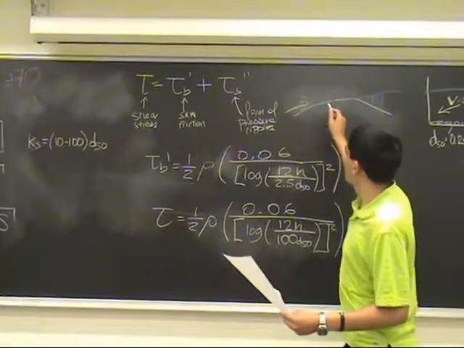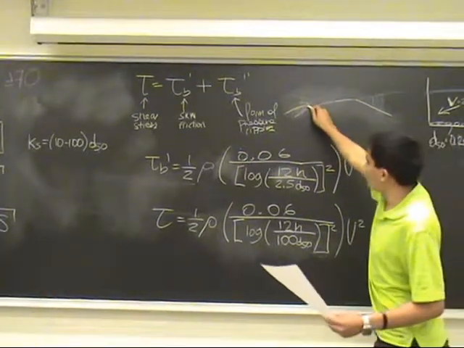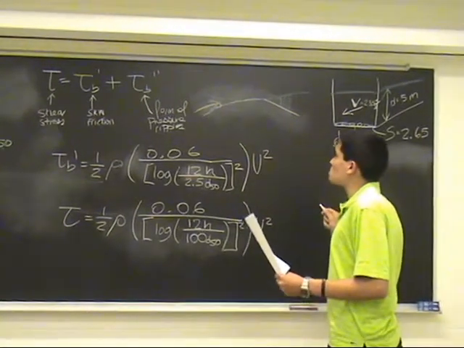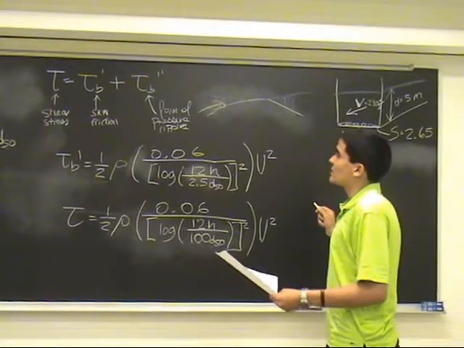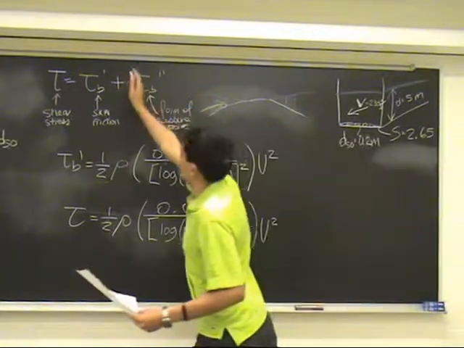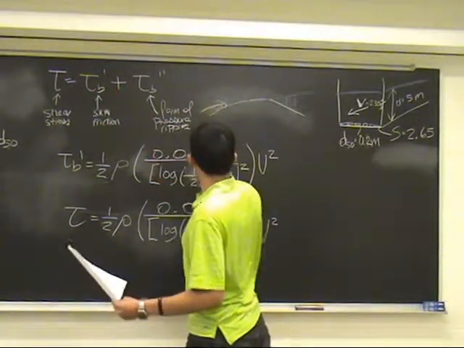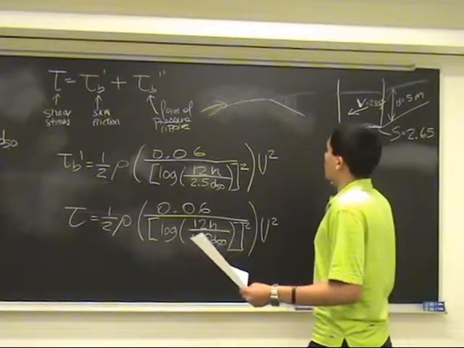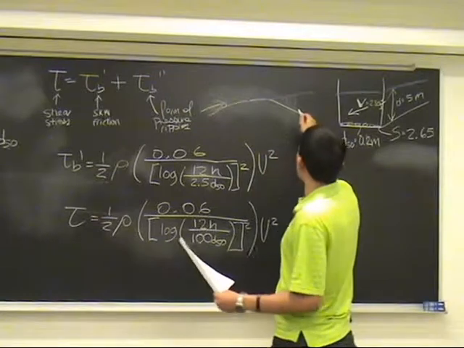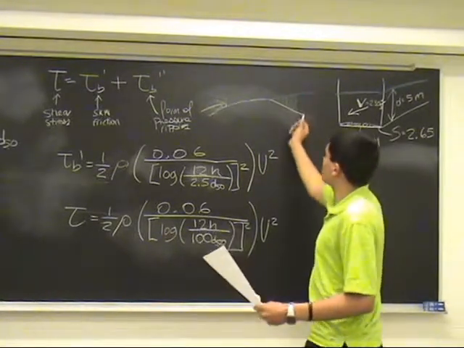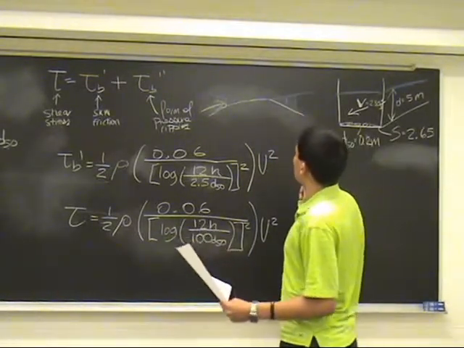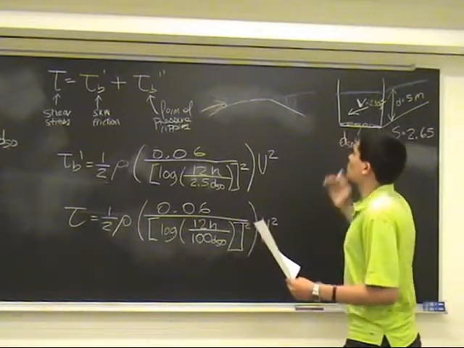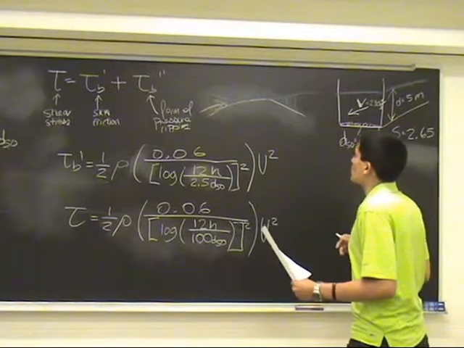For example, here, a particle at this point would experience a skin friction shear stress only, but as we move through the ripples, we have many of those, we also introduce this pressure gradient that also drives sediment into the transport mode.